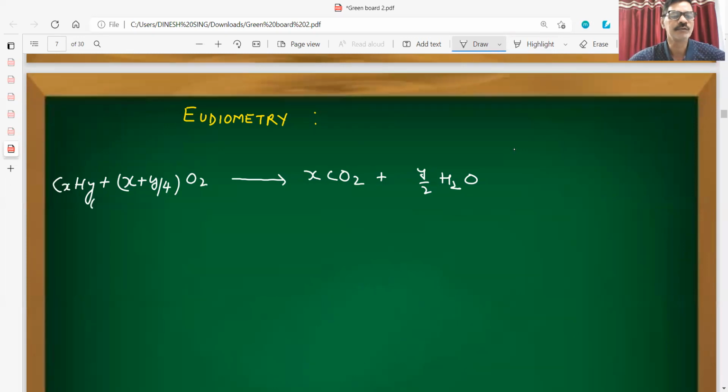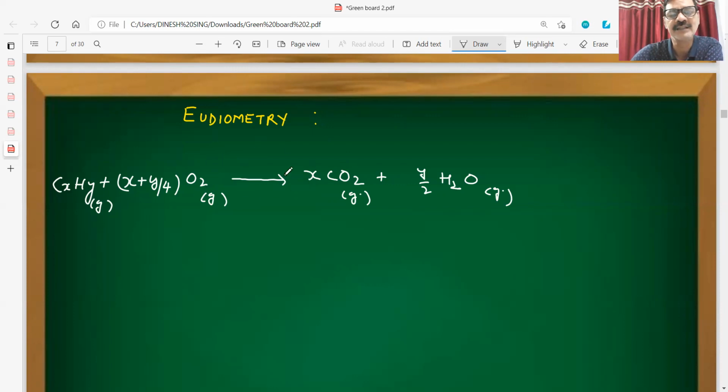The hydrocarbon is gas, oxygen is gas, CO2 is also gas, and the water is also gas. So when this gaseous mixture is cooled down to room temperature, what will happen? Whatever amount of H2O is there will convert into liquid, and the remaining CO2 will be left, along with excess O2 if present. So after cooling, we will have carbon dioxide and O2.